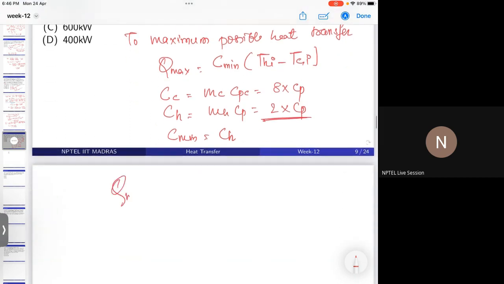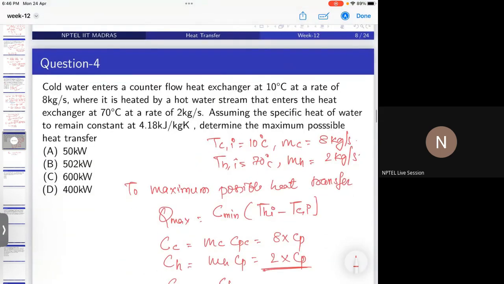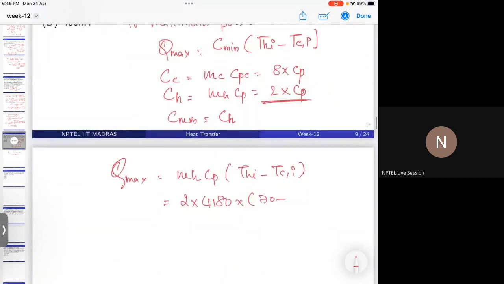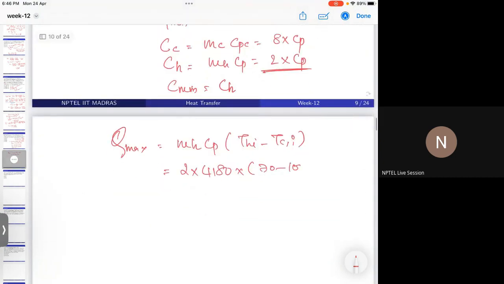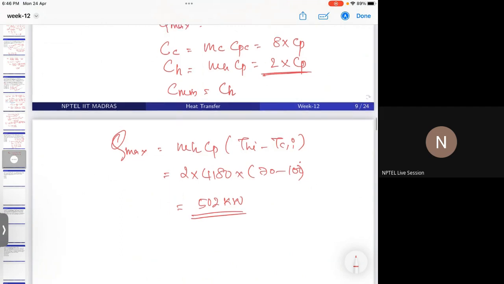So Q max is equal to mh Cp (THI minus TCI), which is 2 into 4180 into (70 minus 10), equal to almost 502 kilowatts. So I think you also did it like this, right?